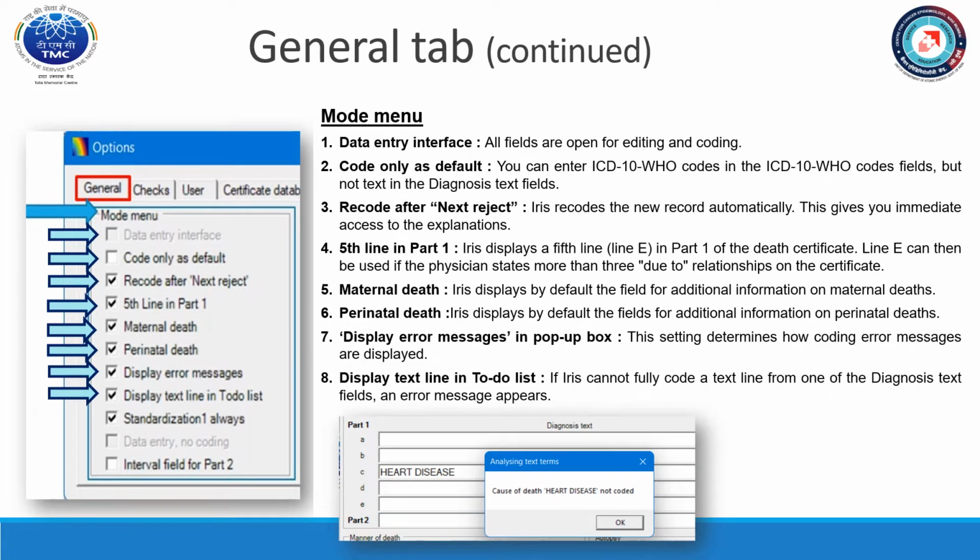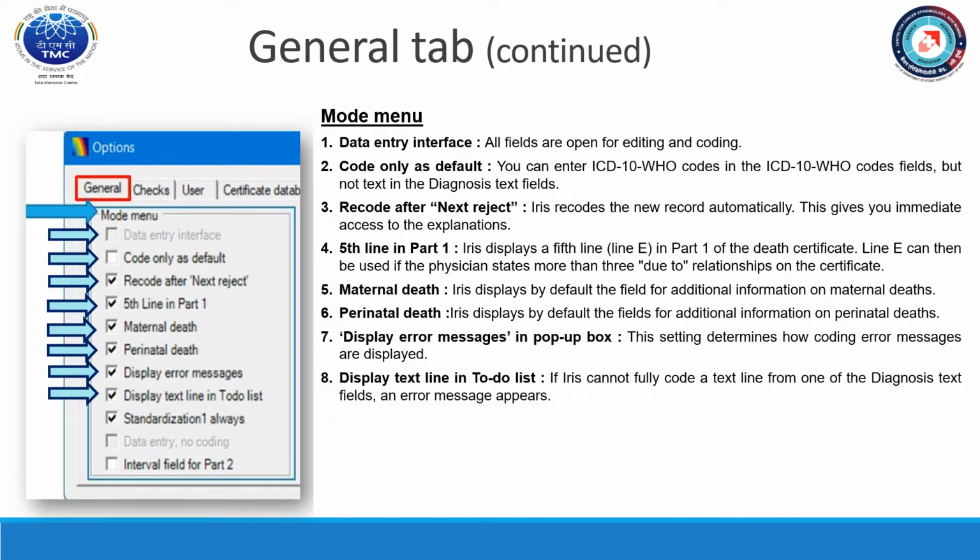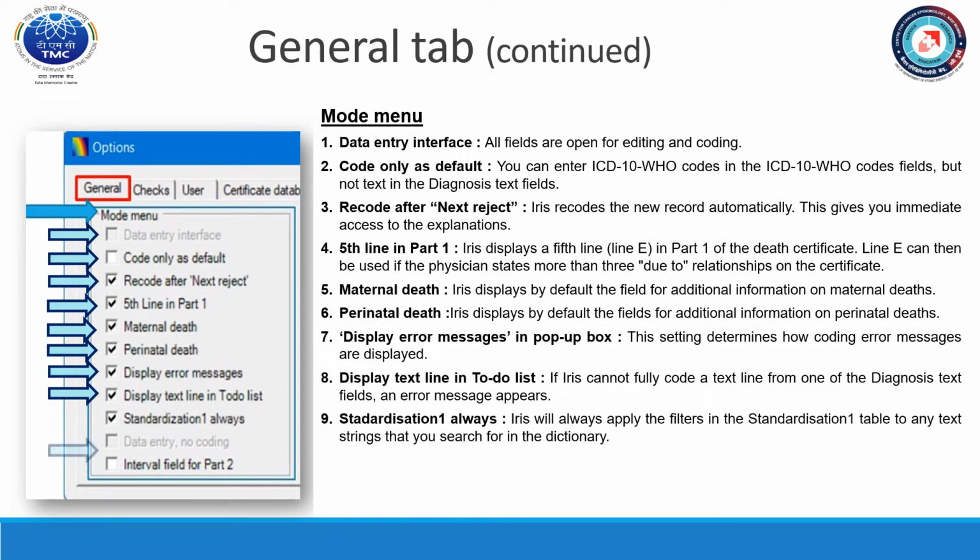When display text line in to-do list is selected, if one of the IRIS diagnostic text fields cannot fully code the text line, an error message will appear. When the Standardization 1 Always option is selected, IRIS will always apply the filters in the Standardization 1 table to any text strings that you search for in the dictionary.